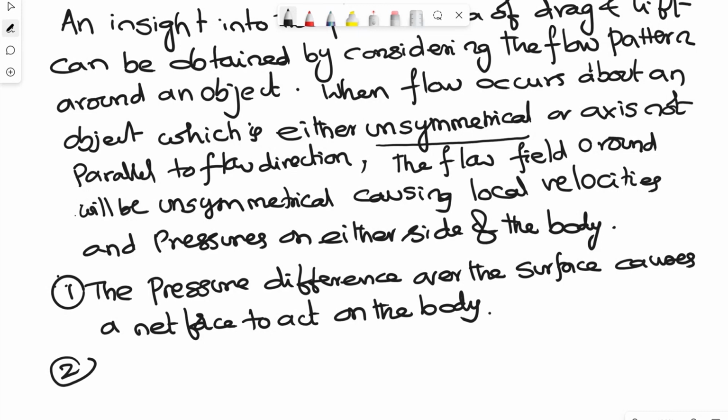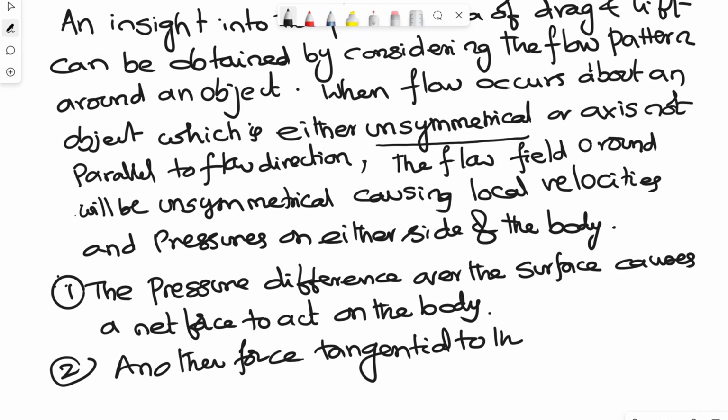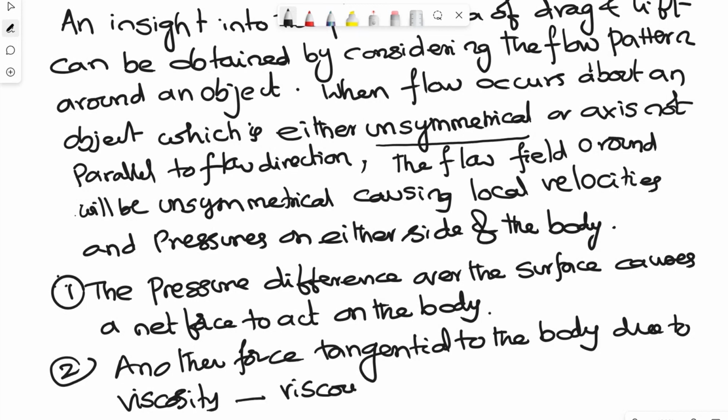Next, in addition to the pressure difference, there will be another force tangential to the body due to viscosity, which we call the viscous force. So the forces are due to two reasons.